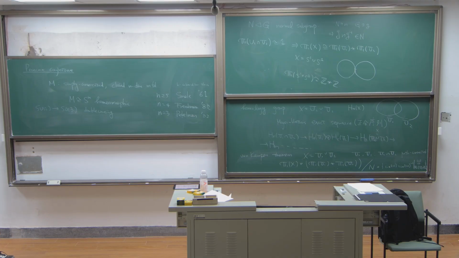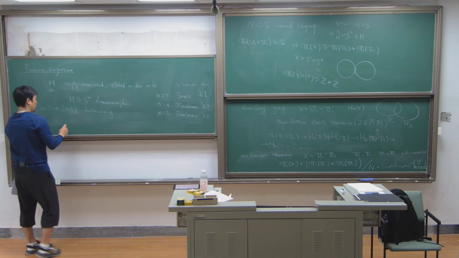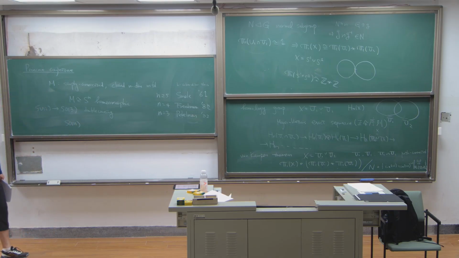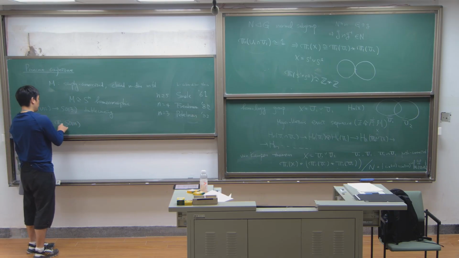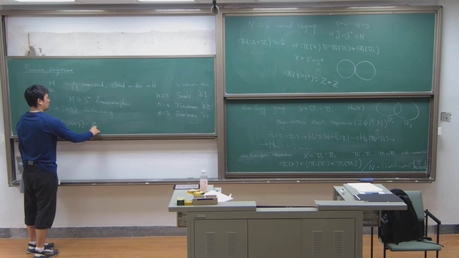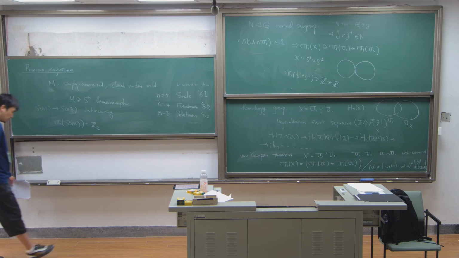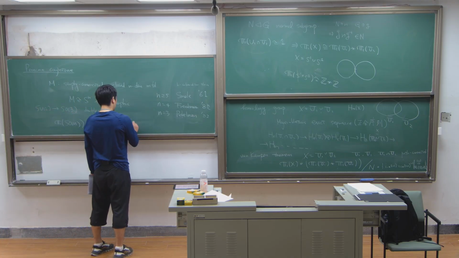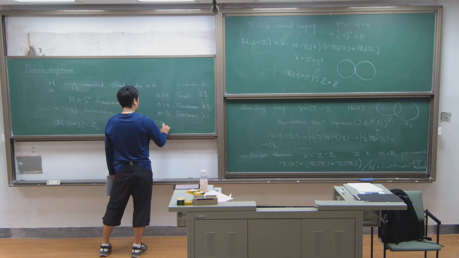And usually, for SO(n), pi 1 of SO(n) is in fact Z2, and it's a double covering. Its universal covering is called the spin group.